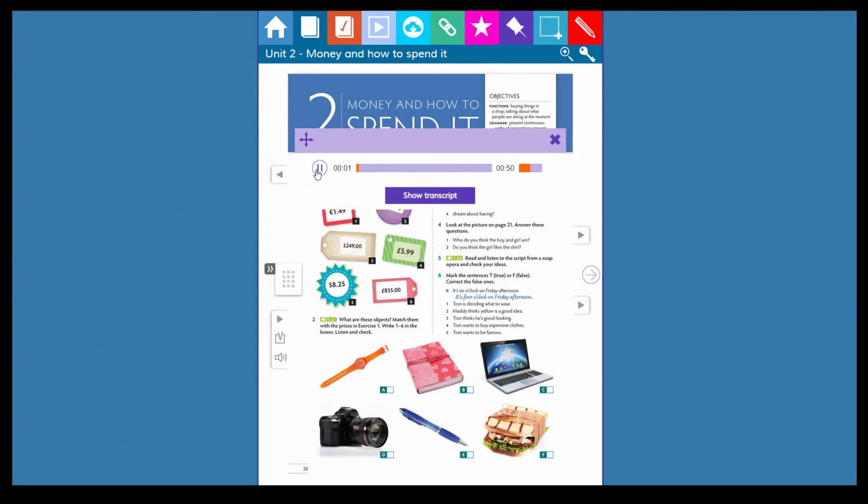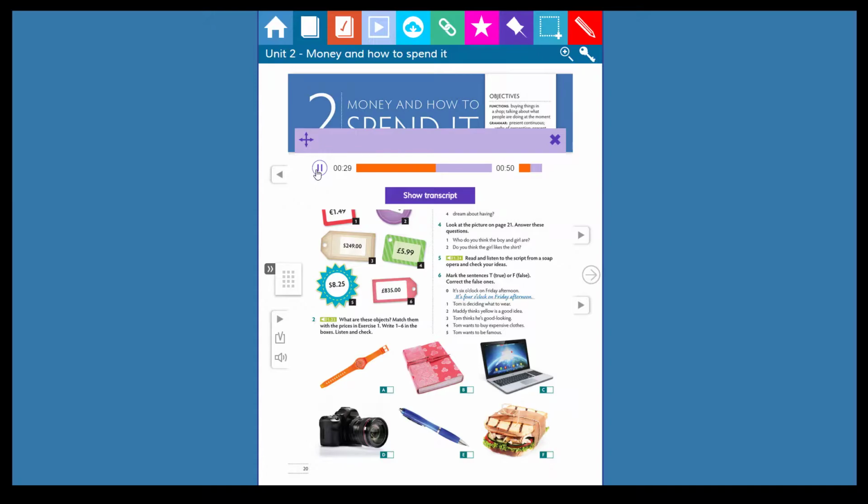Unit 2, page 20. Reading. Exercise 2. A. The watch is £22.75. B. The notebook costs $8.25. C. The laptop costs £835.